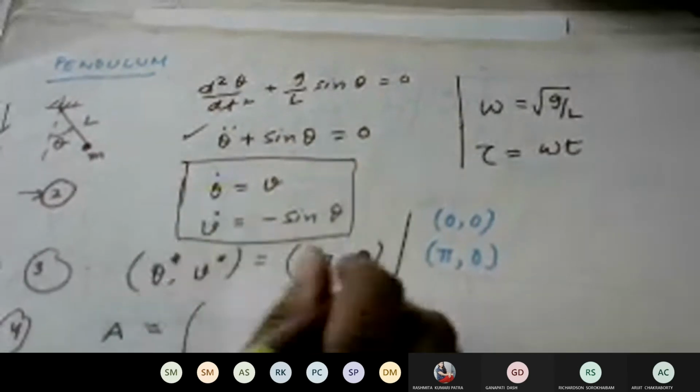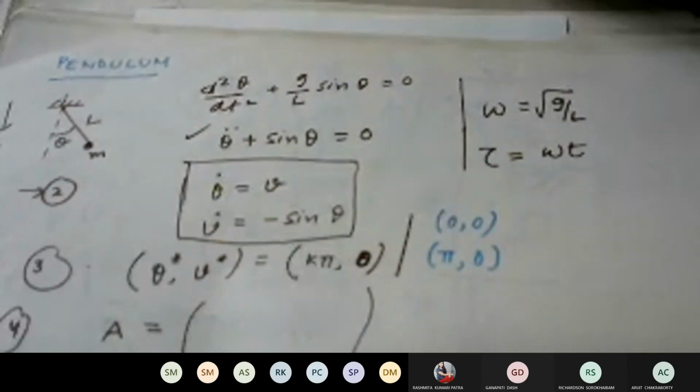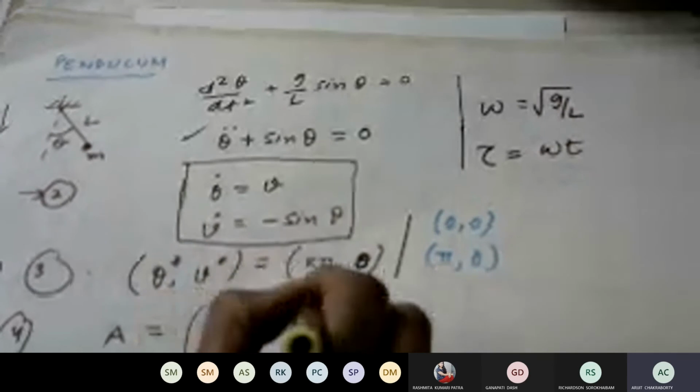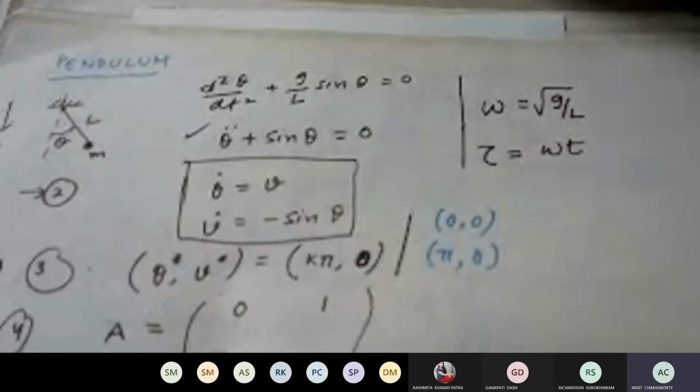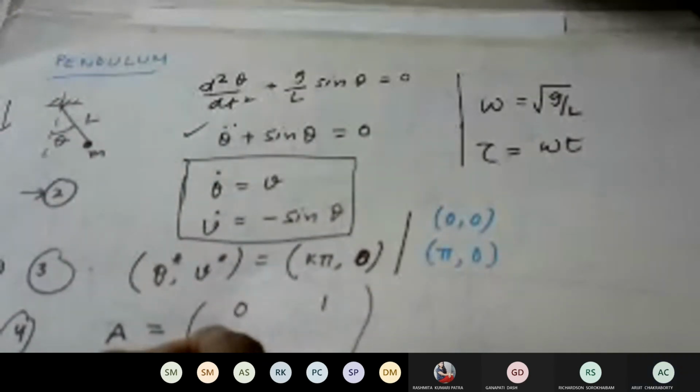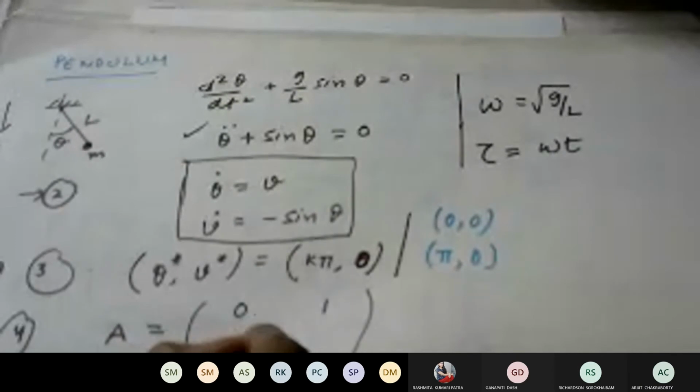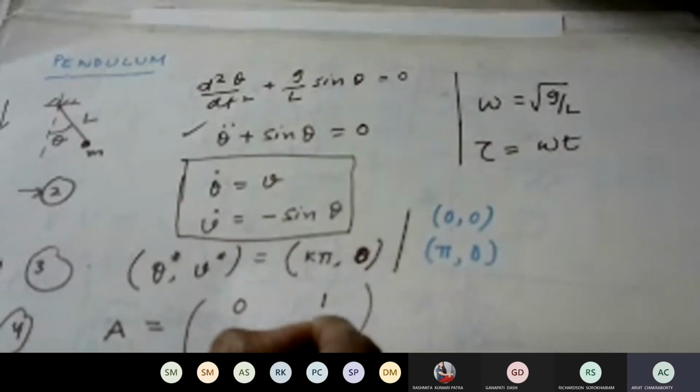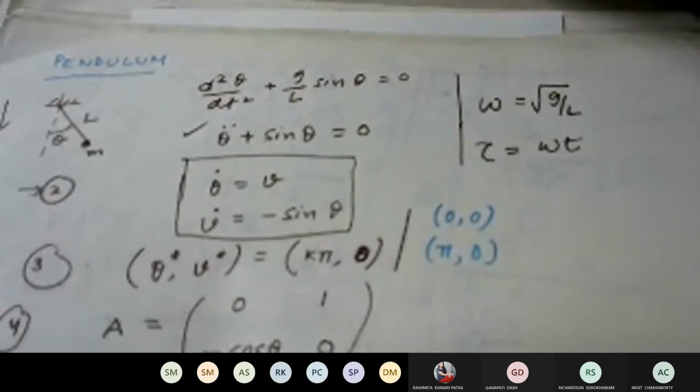Okay. So Jacobian, tell me what are the values that you are seeing. Please do the calculation. 0, 1, minus cos theta, 0. Minus cos theta and 0.